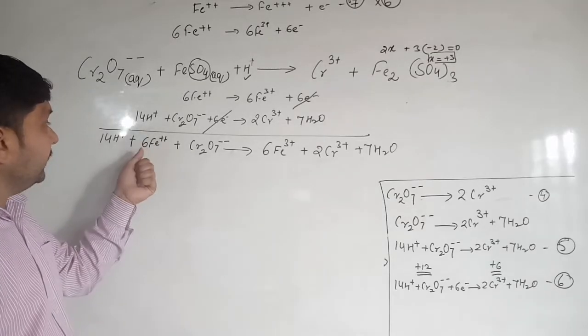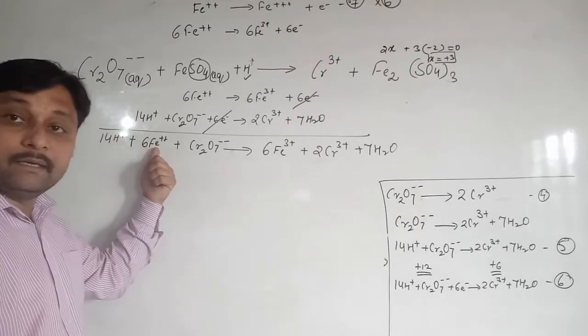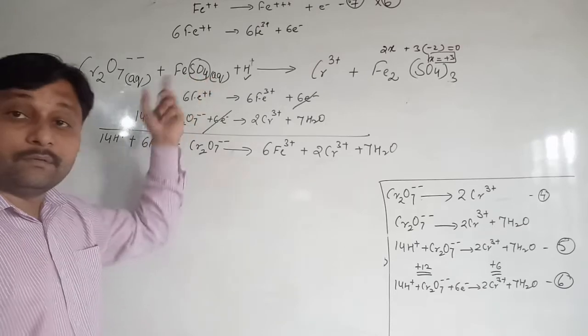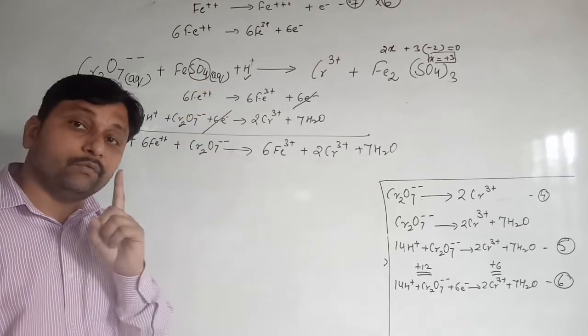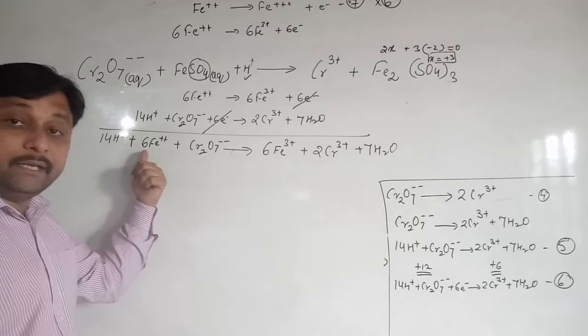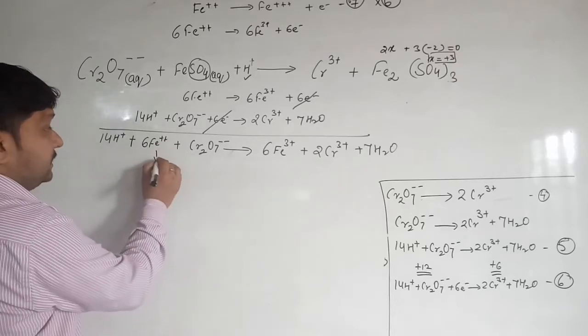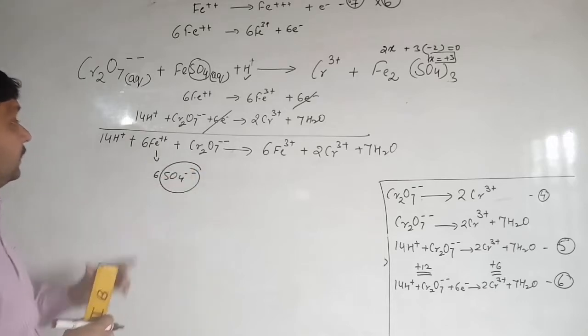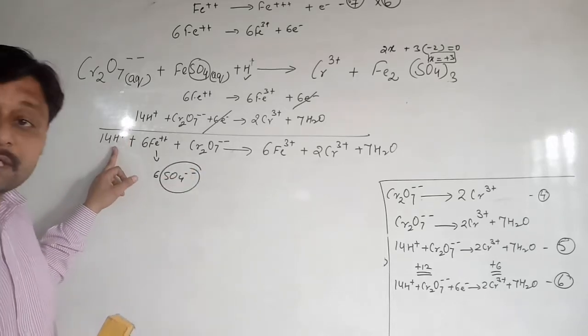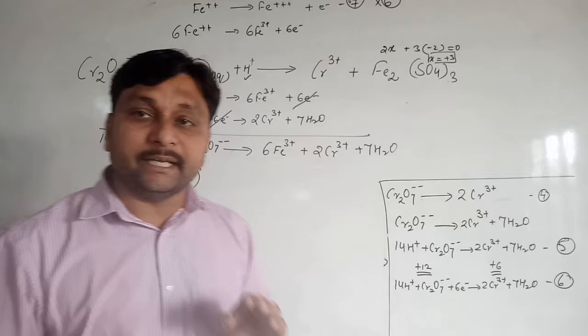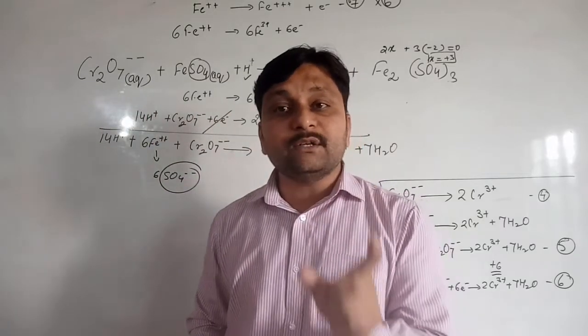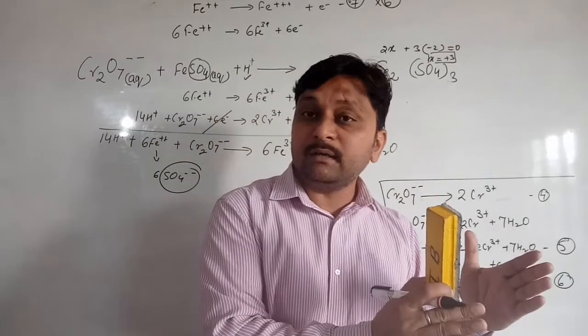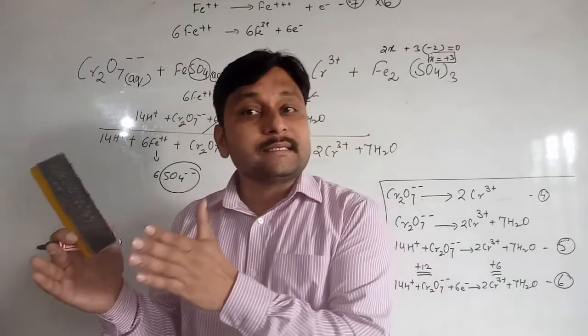So there are 6 Fe, and in FeSO4, 1 Fe contains 1 SO4. It means 6 Fe bond with 6 SO4. Clear? H+ ions represent sulfuric acid with the sulfate ion. One sulfuric acid, H2SO4, means 2 hydrogen equal to 1 sulfate ion.